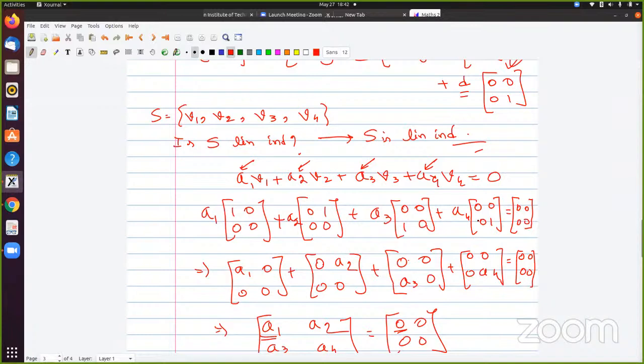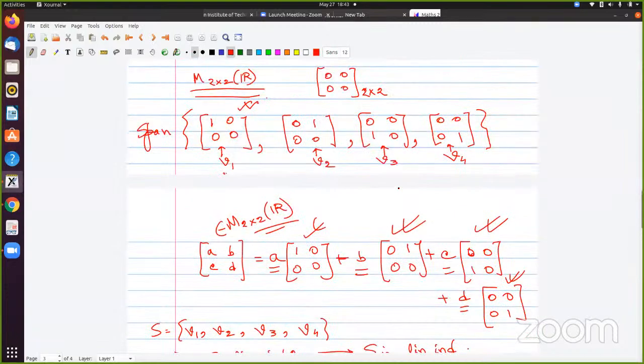Sir, so here the vectors are in the form of matrices, right? Yeah, each vector is a matrix. Here the case is very different. So we can't write it in the form of a vector, right? This is a vector. Every vector is a matrix. Vector space means a collection of vectors, right? Now these vectors can be anything.